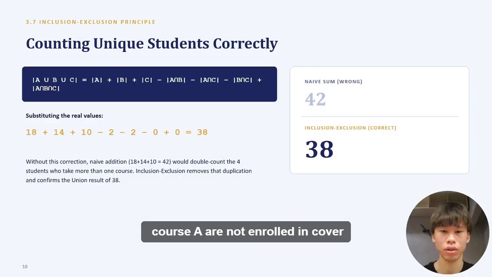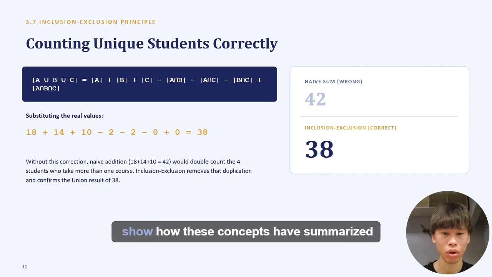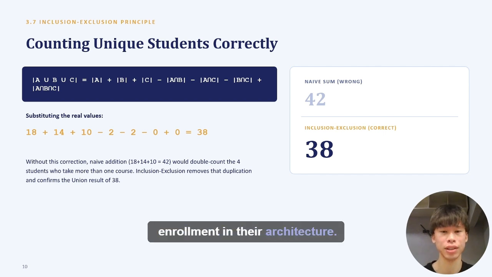Hi, my name is Hiroto, and today I'll be explaining the mathematical part of our analysis. Specifically, I'll cover the inclusion-exclusion principle and the pigeonhole principle, and show how these concepts help us analyze the enrollment data accurately. First, let me explain the inclusion-exclusion principle.